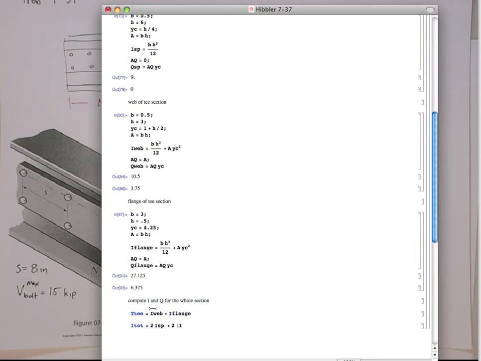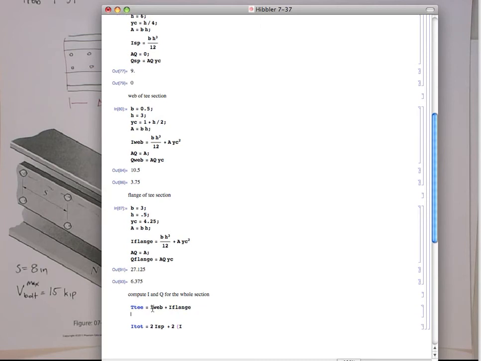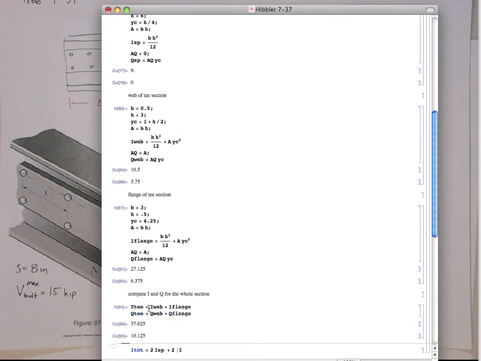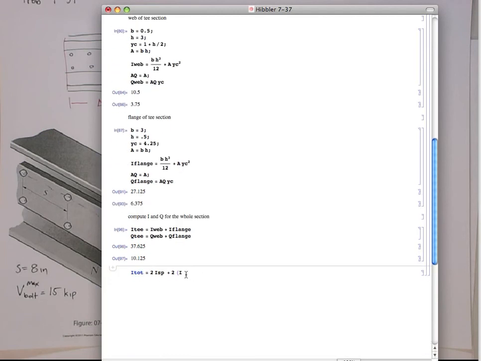That's the I of one of the T's. And then Q of the T is going to be the Q of the web plus the Q of the flange, right? So that's the T, I'm sorry, why do I have T? It should be I. That's the I of one T section, that's the Q of one T section.